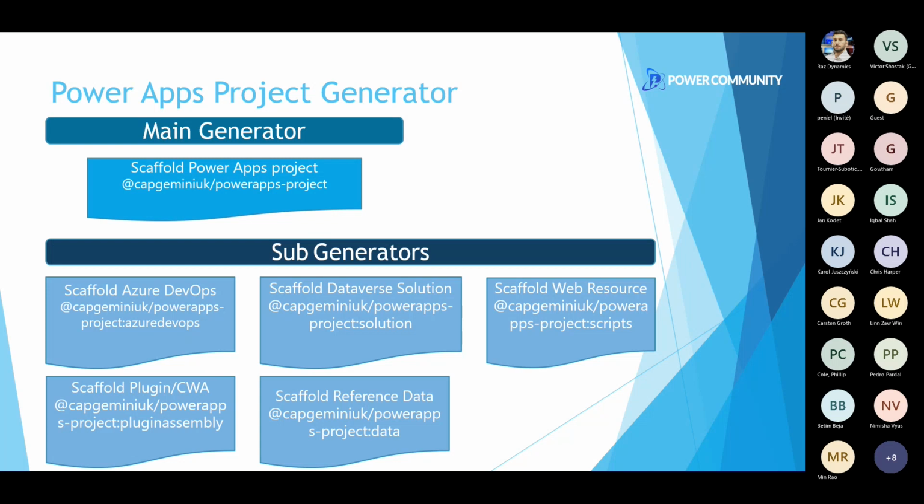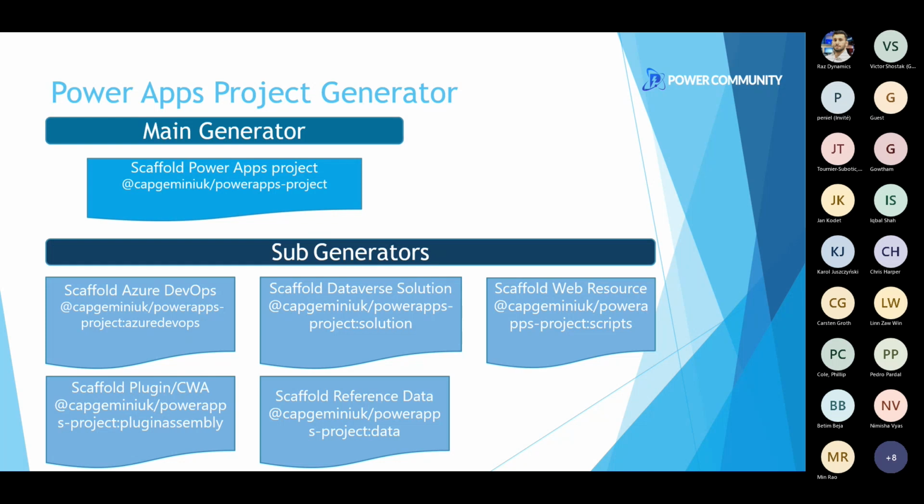You have to set up the build release pipelines, and also it's important to follow a consistent way of working across multiple projects. So you as a company have different projects, and every project when you are starting, you have to repeat the same steps. You have to set up your initial code structure.